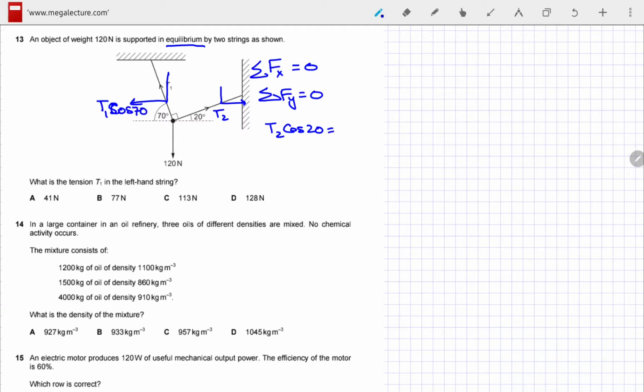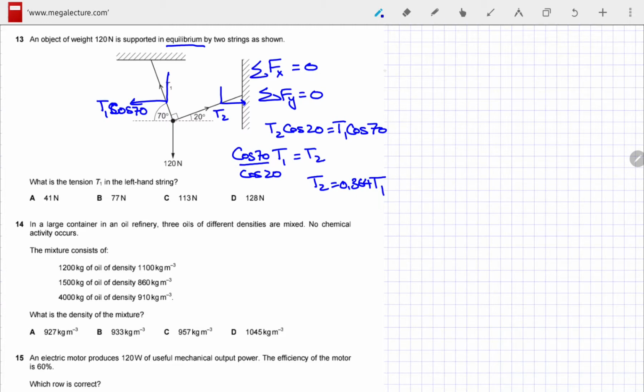So equating the two gives me T2 cos 20 equals T1 cos 70, and this gives me a relation of T2 in terms of T1. So I'll have cos 70 over cos 20, and this gives me T2 equals 0.36 T1.